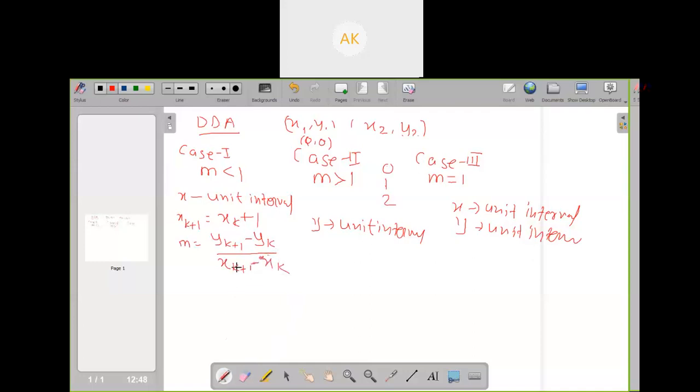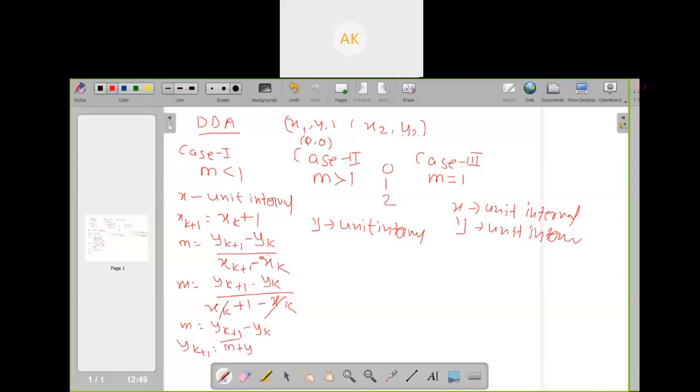Since xk plus 1 equals xk plus 1, the xk cancels out, so m equals yk plus 1 minus yk. So yk plus 1 will be m plus yk.